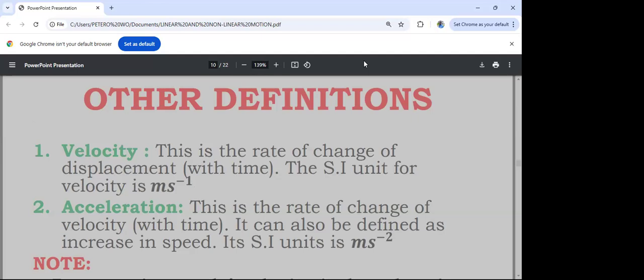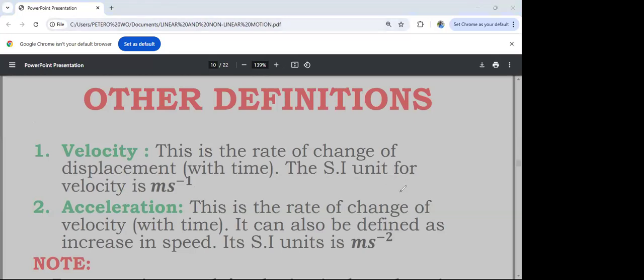Acceleration is an increase in speed. The English dictionary gives acceleration as increase in speed. And that is measured in meters per second squared. Why is it measured in meters per second squared?